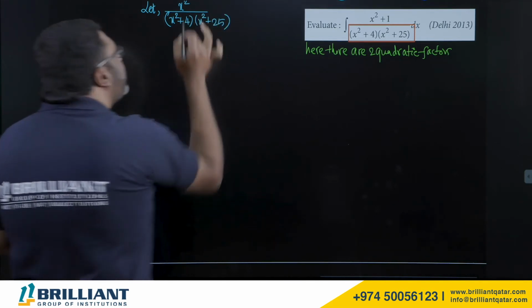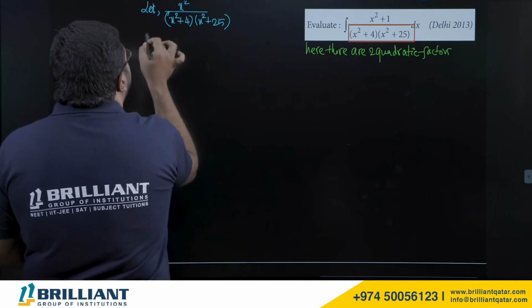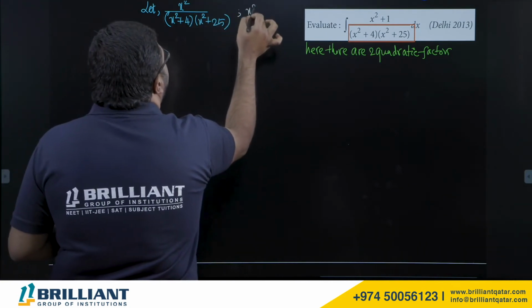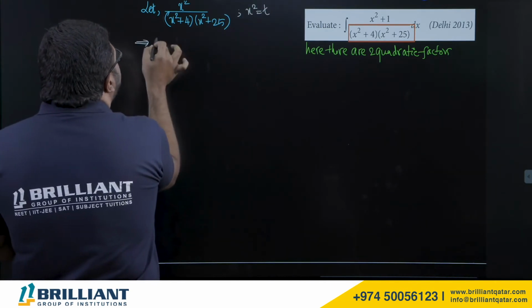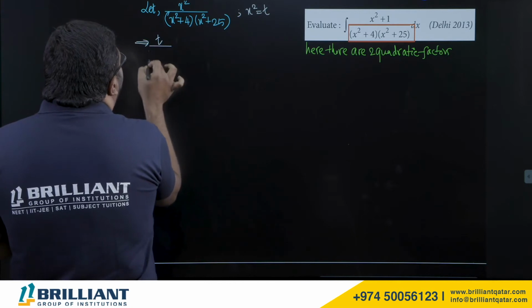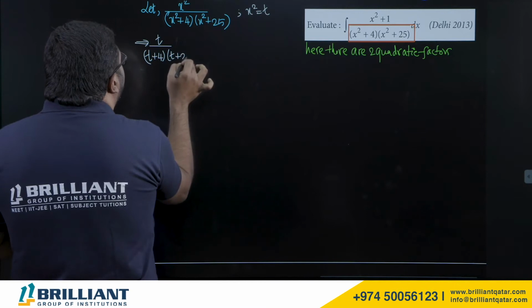These are the two factors they have given me. Then what do I do here? I will say let x squared is equal to t. If I put x squared is equal to t, then this expression is going to be t divided by t plus 4 and t plus 25.